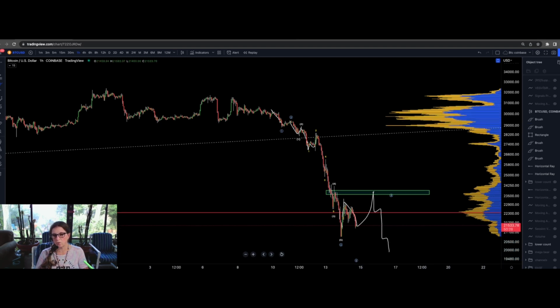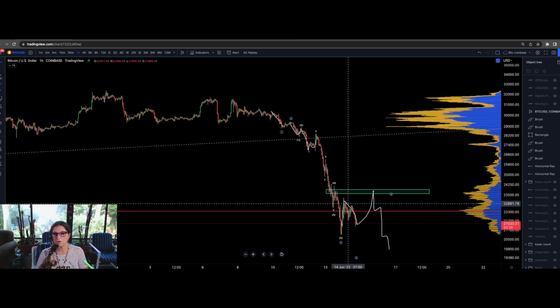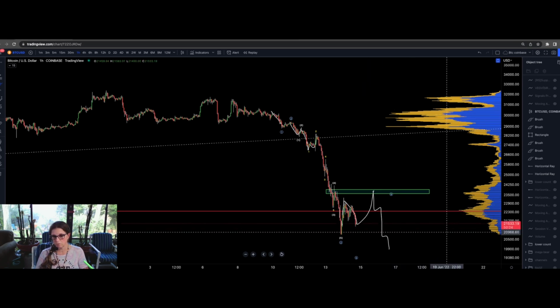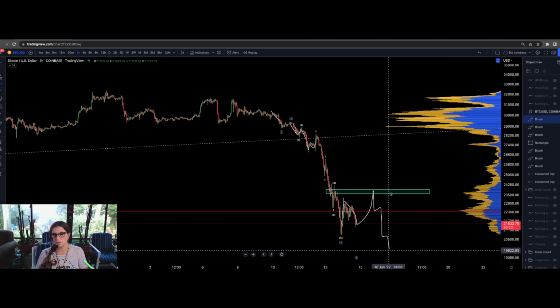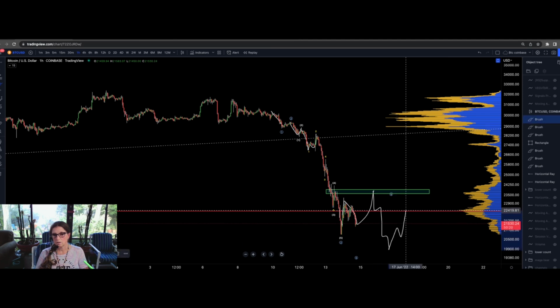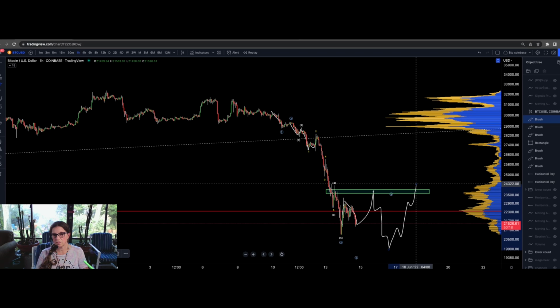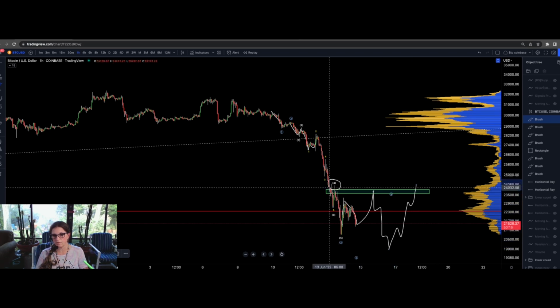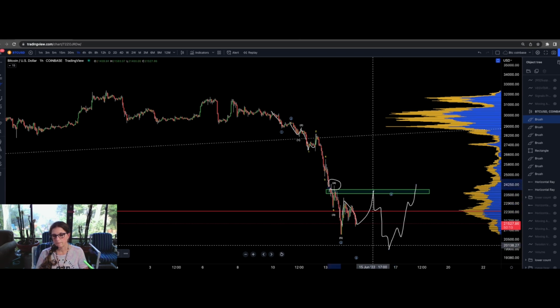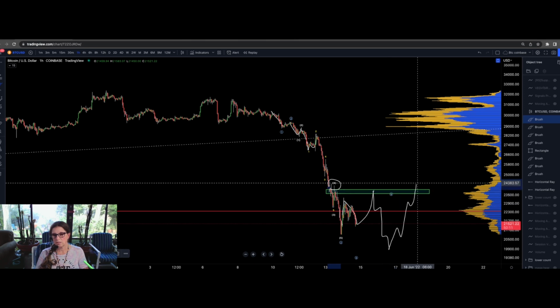What do we need to look for? Every single time that this rolls over, we need to see a 5-wave move that takes out the prior 4th wave. This is what we need to see.